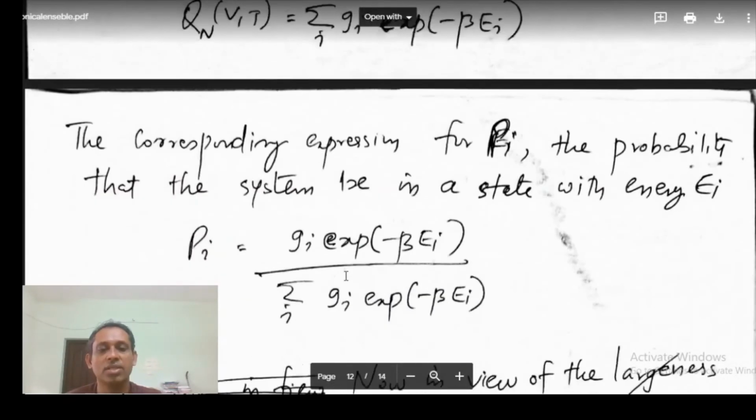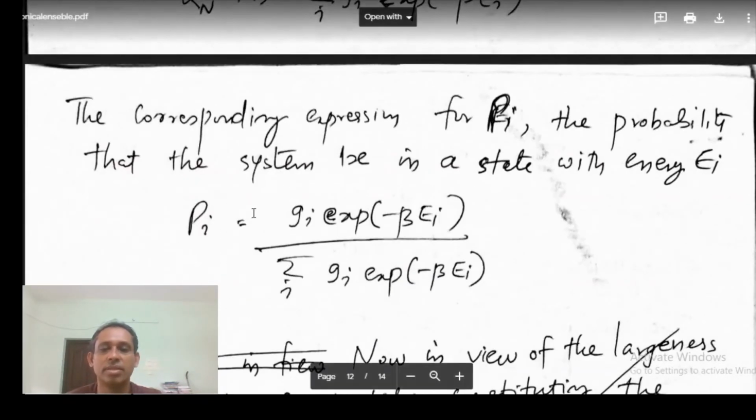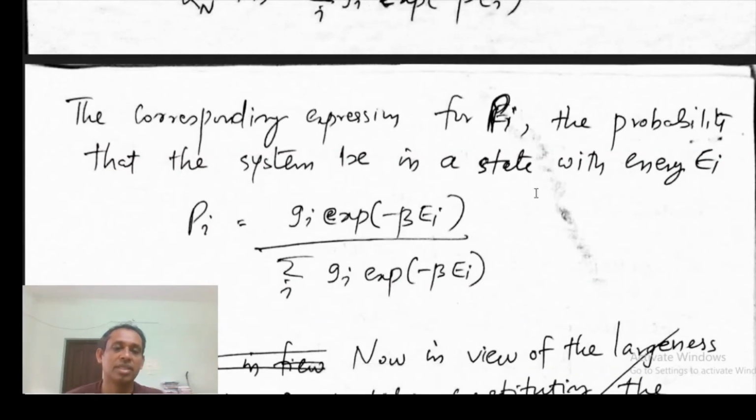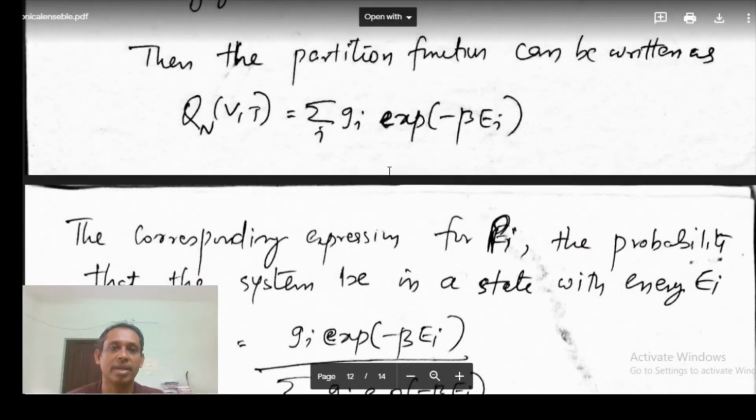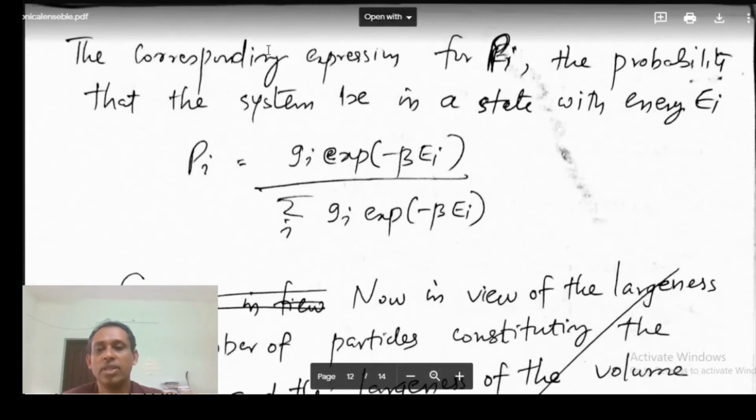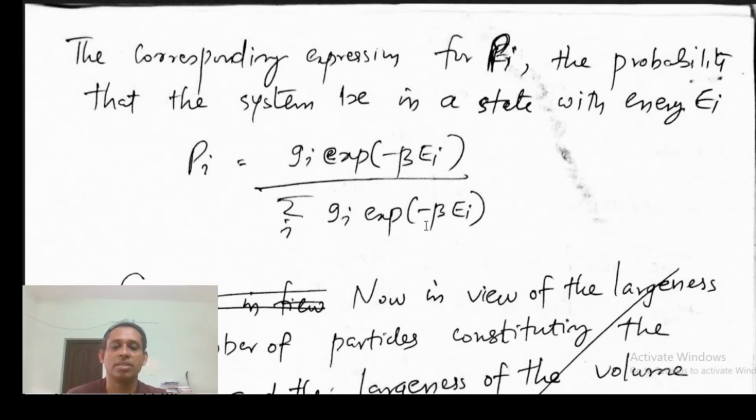Now the corresponding expression for the probability that the system is in a state with energy E_i. Not in a particular state, P_r is for a particular state. Here we are talking about the probability for the system to have a particular energy E_i. That will be g_i exponential minus beta E_i over sigma i g_i exponential minus beta E_i.